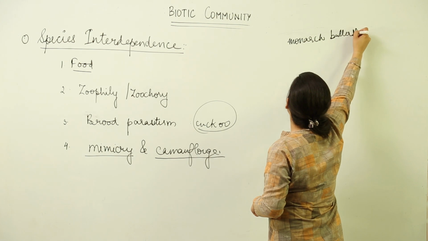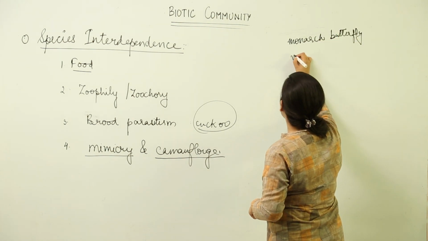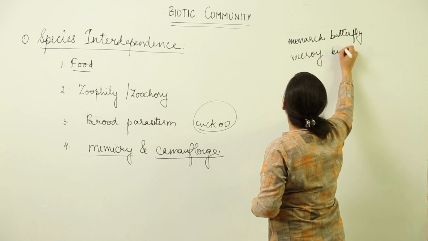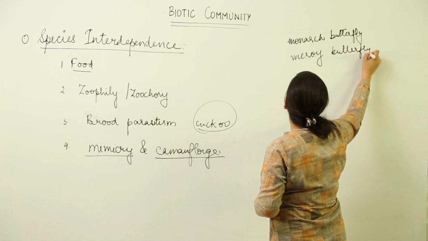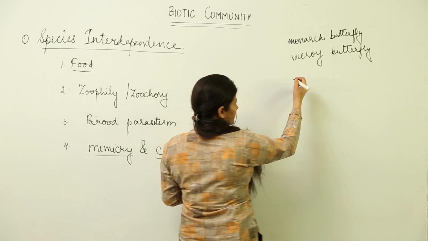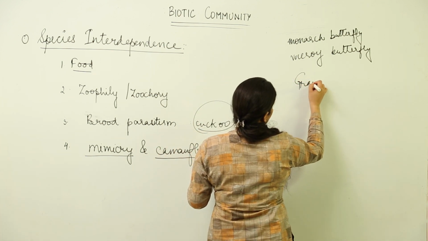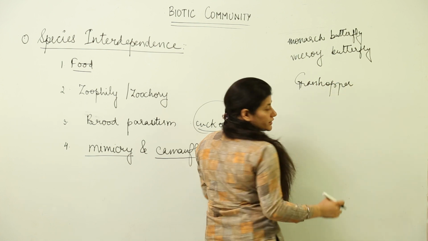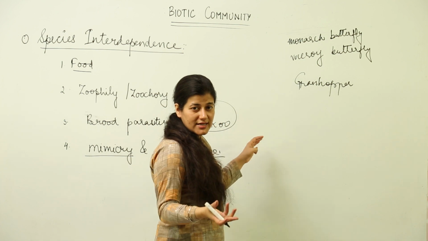One is highly distasteful, the other copies it and in a way is saved from predation. That is the example of mimicry. While in the case of camouflage, you know what a grasshopper looks like? It looks like a leaf. Supposedly it is sitting on some grass leaf. You will not be able to make out whether it is a grasshopper or a leaf. That is an example of camouflage.